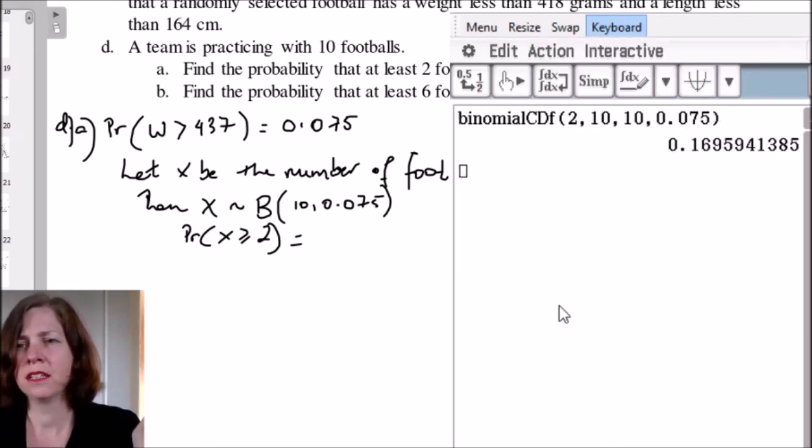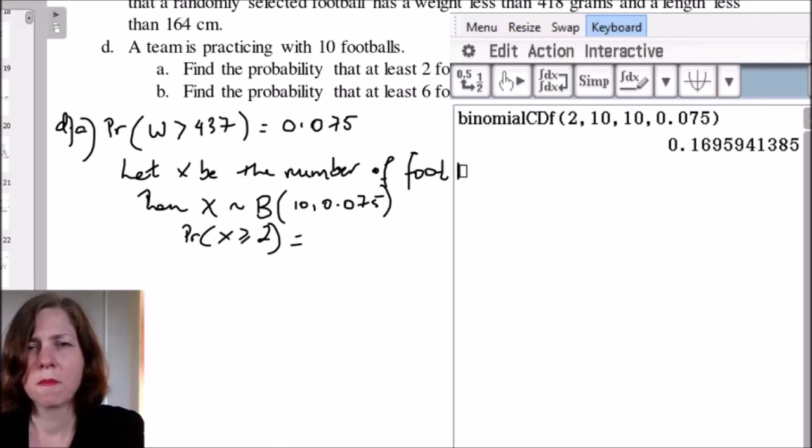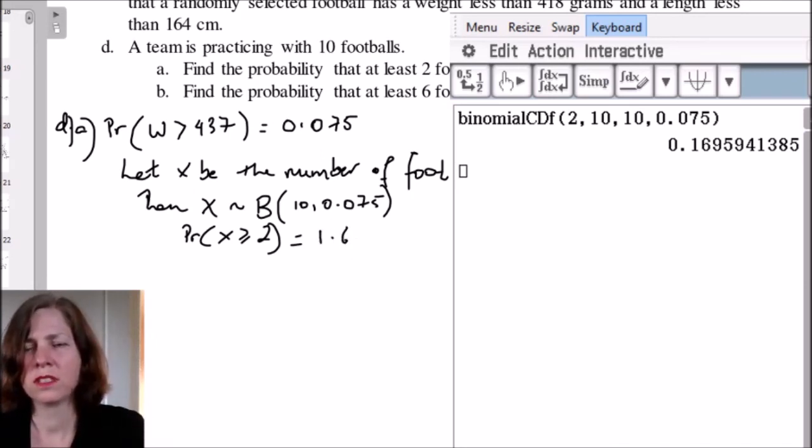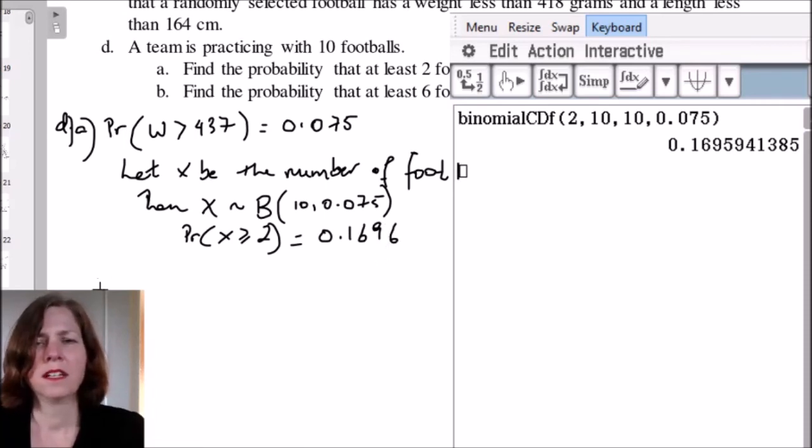Hit OK. Write down the answer. It doesn't say again, so I'll just go to 4 decimal places, 0.1696. Okay. B is very similar.